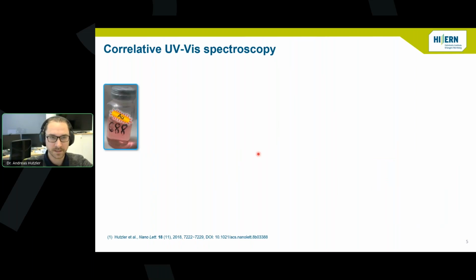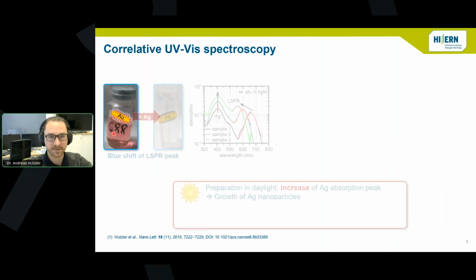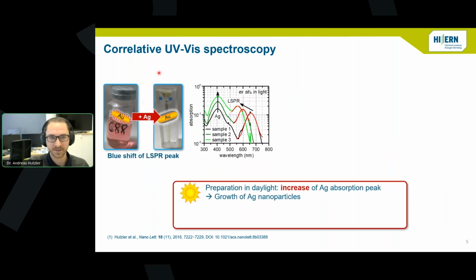And if we compare this to what is happening under light conditions without the electron beam, we start with the gold nanorods stabilized with cetyltrimethylammonium bromide in this kind of reddish solution. If we add a reducing agent, ascorbic acid, we observe a blue shift, so the solution turns greenish. In the absorption spectra, we see two peaks.